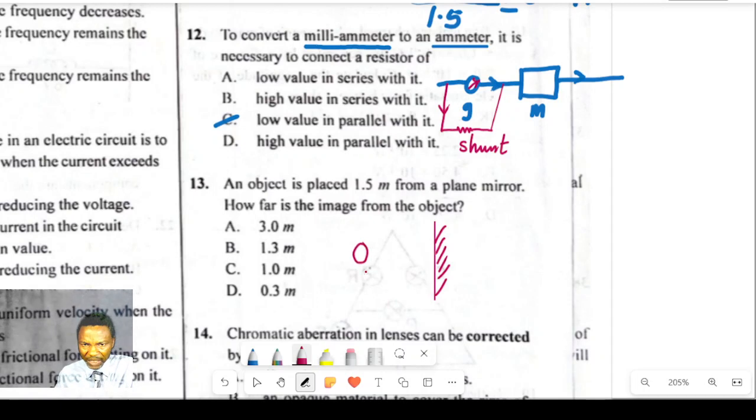Then if I put an object here at a distance of 1.5 meter, this object will form an image at the back, and the distance also is going to be 1.5, a virtual image at a distance of 1.5 behind the mirror. So what is the total distance? 1.5 plus 1.5, that's 3 meters, the separation between the image and the object. So the answer is A.